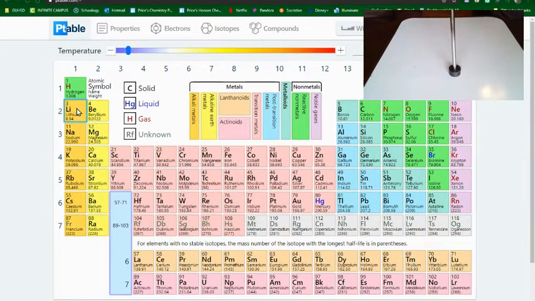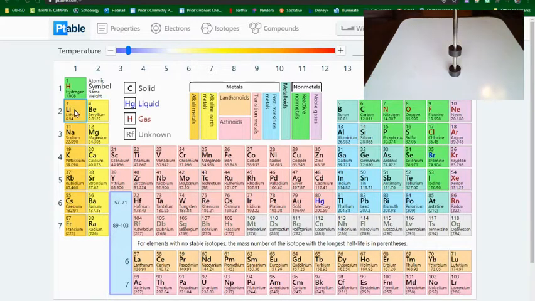As I go from hydrogen down to lithium, I add an energy level. That energy level is repelled by the first energy level, and this energy level blocks this one and makes it so that the nucleus, which is positive, cannot attract this one as well.